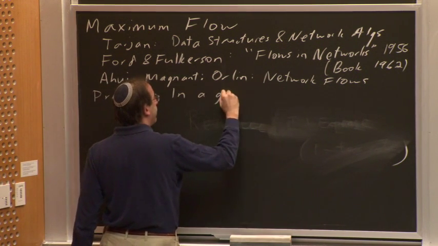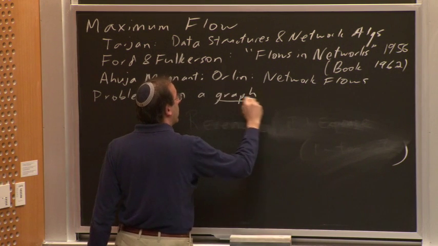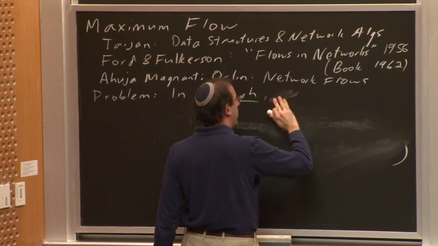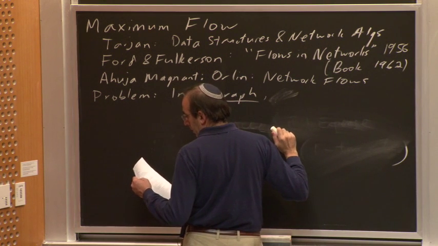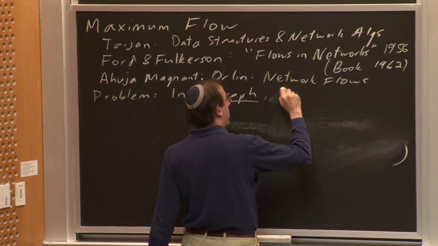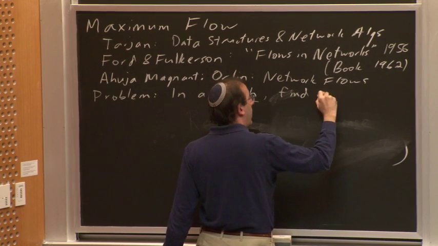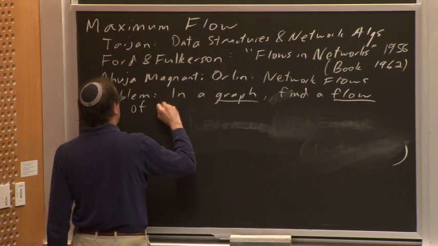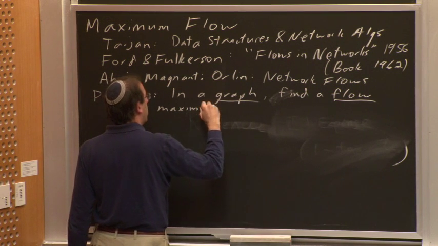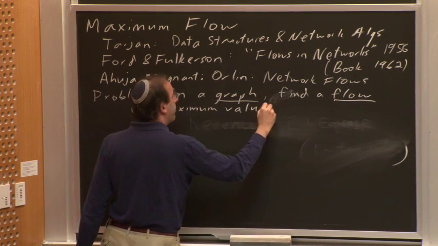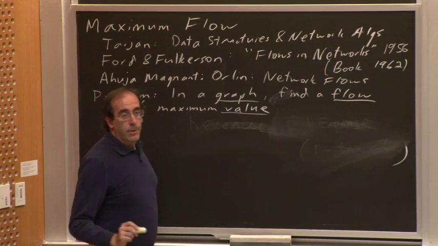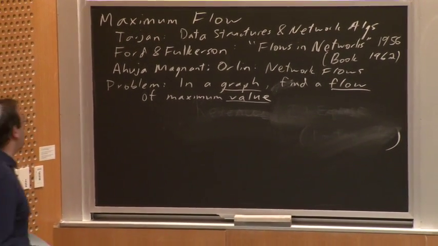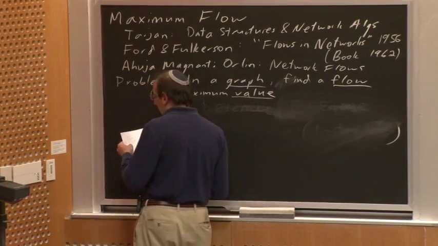In a graph, possibly with capacities, you want to find a flow of maximum value. So that's the definition of the problem, only it doesn't really define anything because I haven't said what a graph is, what a flow is, or what the value is.